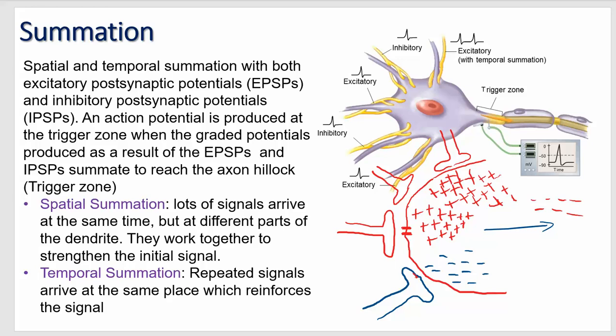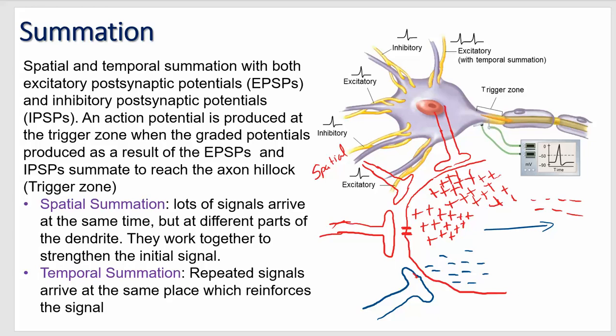When we have it in this kind of a situation where we've got 3 of them spread out over space, that's spatial summation. These guys, no matter where they come from, could all come from different places.